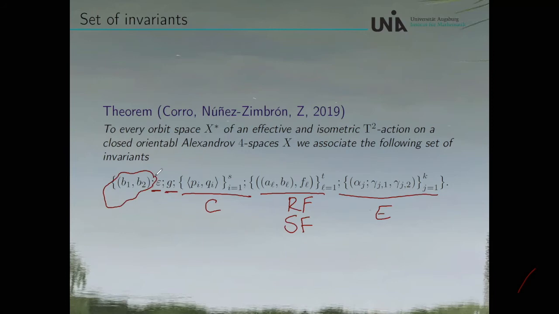It didn't appear in our computation because it appears when C union RF union SF is empty, meaning that we don't have circular orbits or fixed points. But because I assume that I always have a topologically singular point, this is not empty for topologically singular Alexandrov spaces.